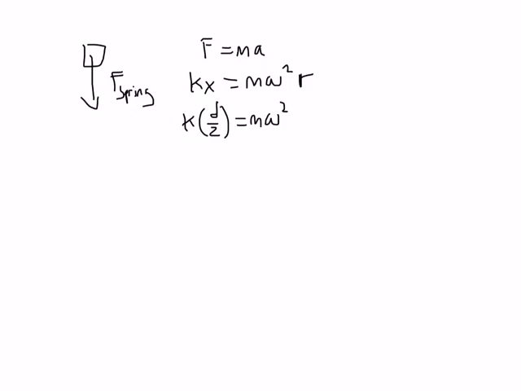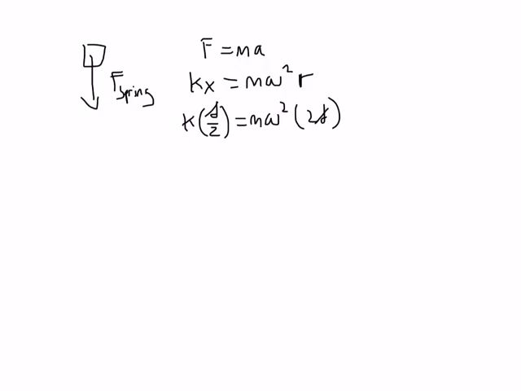And r is how far the block is from the center of the circle, which is the length of the rod, d, plus the length of the spring, which is also d. Right? So this is where being careful is so important. The other way you could get it is that the radius of the disk is 2d as well, and it's clearly on the edge of the disk. So that way works.